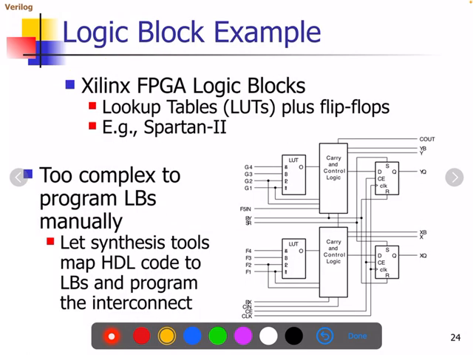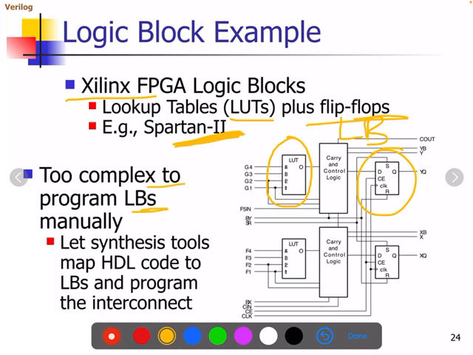So what is a logic block? If I take the example of the Xilinx FPGA Spartan 2, it contains a lookup table plus flip-flops. As you can see in the diagram, a LUT and a flip-flop combine to generate a logic block. One LB contains this many components. It is too complex to program logic blocks manually.